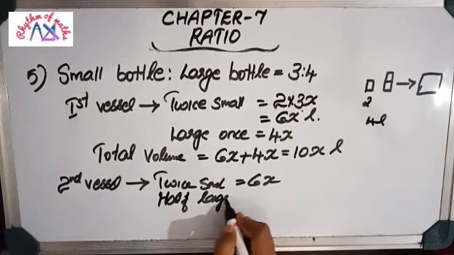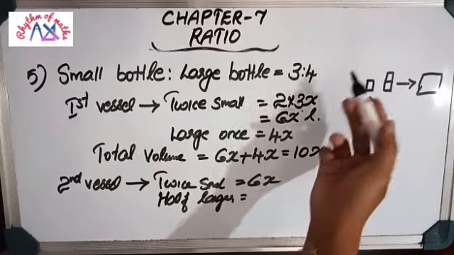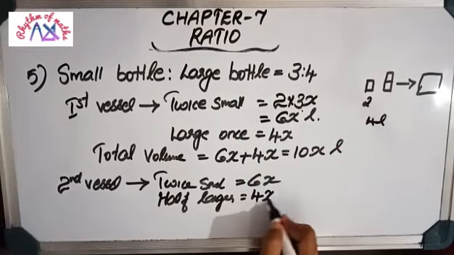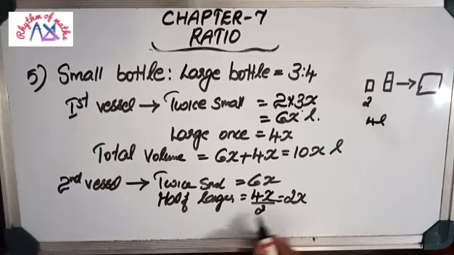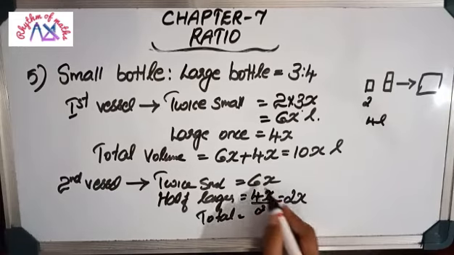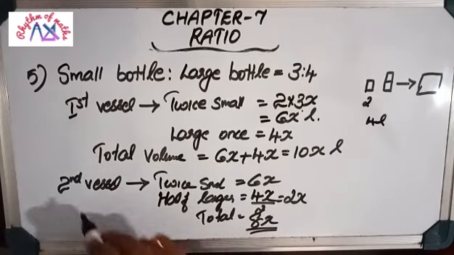So half the larger means, already 4x is the larger, half means 4x by 2, that is 2x. So here total volume will be 6x plus 2x. 6 plus 2, 8x. So 8x is the total volume in the second vessel.